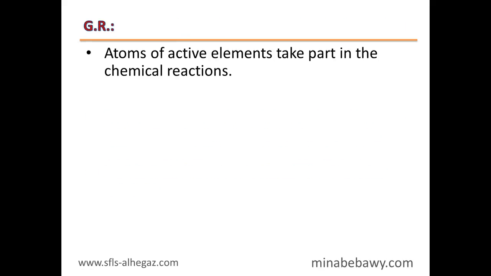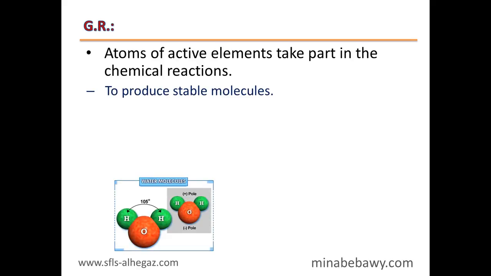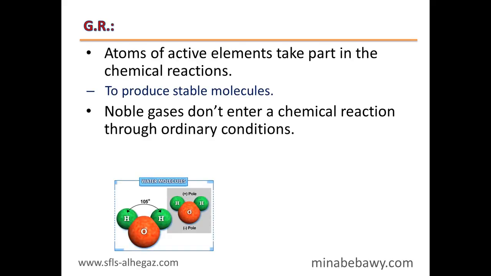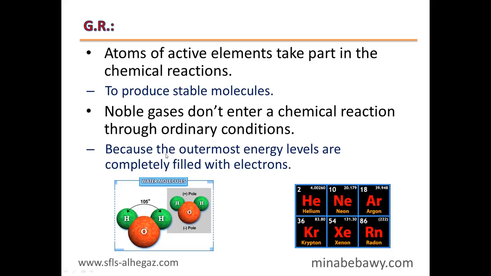Give reason: Atoms of active elements take part in chemical reactions to produce stable molecules, but noble gases don't enter chemical reactions under ordinary conditions because their outermost energy levels are completely filled with electrons.